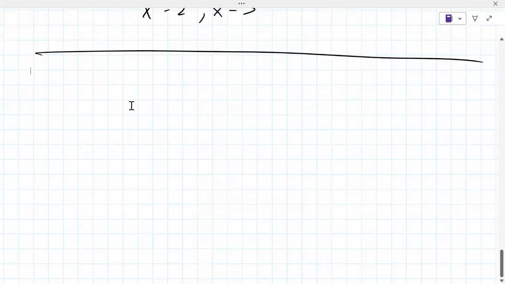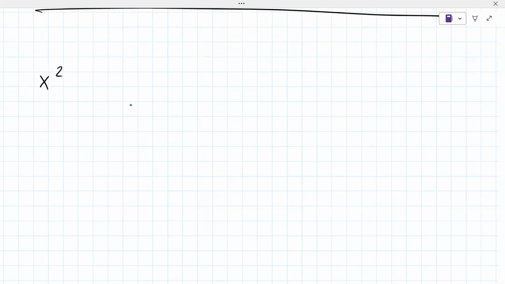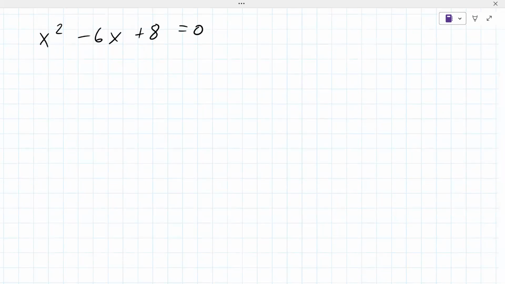Let's try, this will probably be our last problem here. Let's go, x squared minus 6x plus 8 equals 0. Try solving that for us, please. Okay.